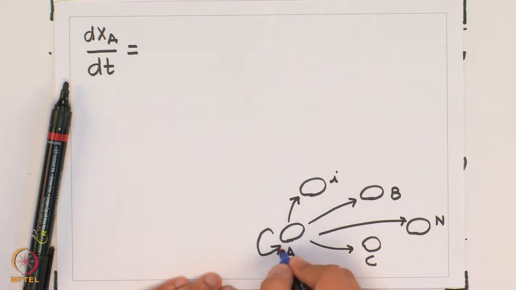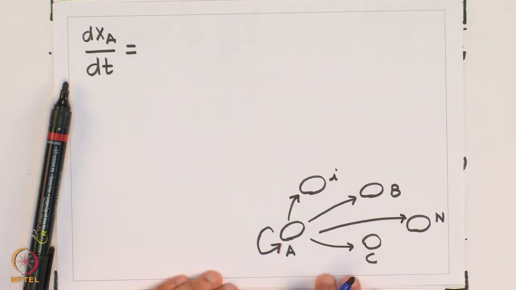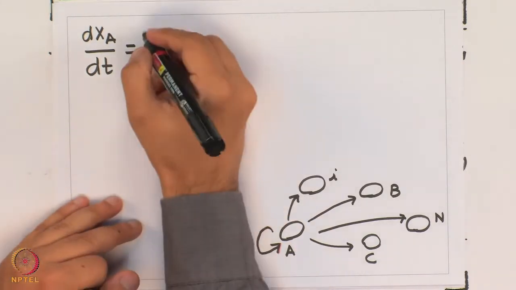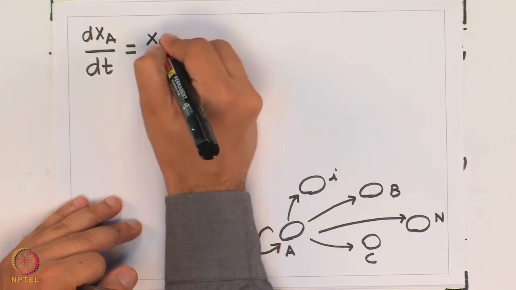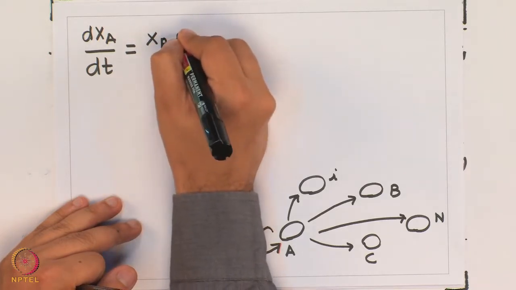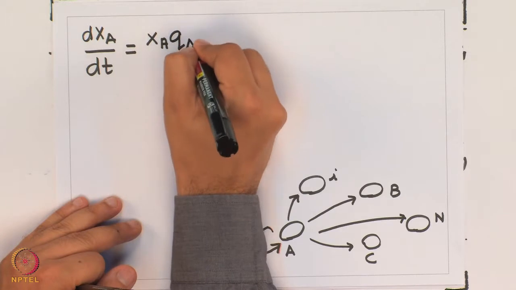This is one arrow which is coming into node A, which is every time A replicates and it leads to a progeny of type A. What is this going to be equal to? This is going to be represented by xa times QAA.